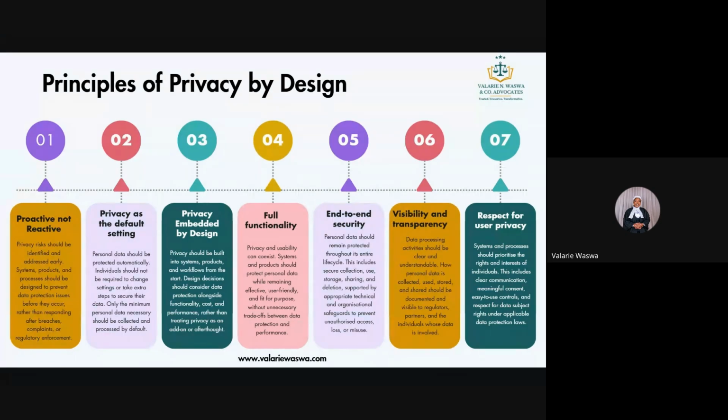Design decisions should consider this, and dare I say, it also includes budgeting. I know most startups, especially in Africa, when you're looking for investor capital, usually have to come up with a budget. So even as you're coming up with the budget for your startup, you should also have a budget allocation for privacy.